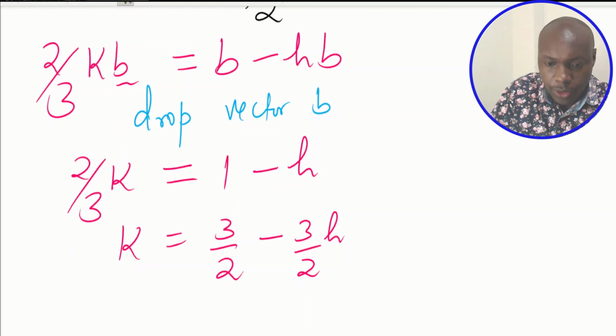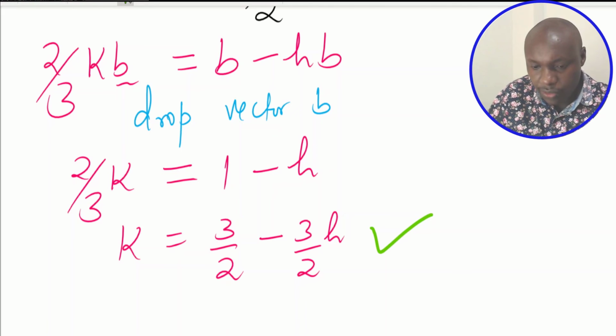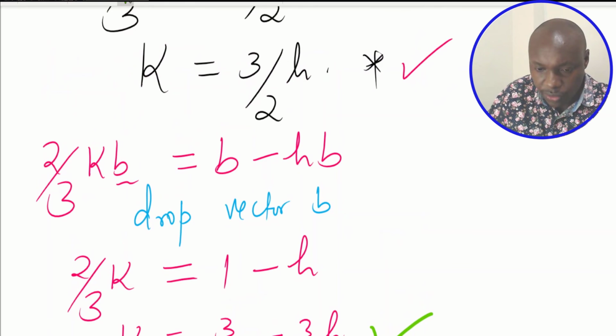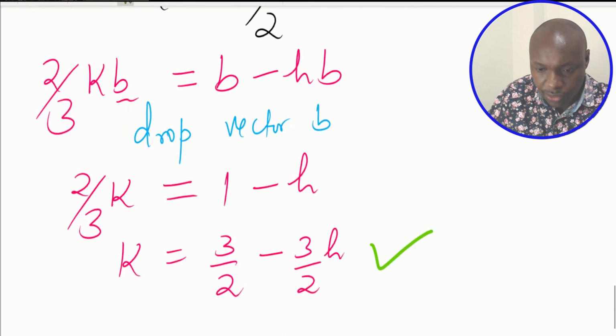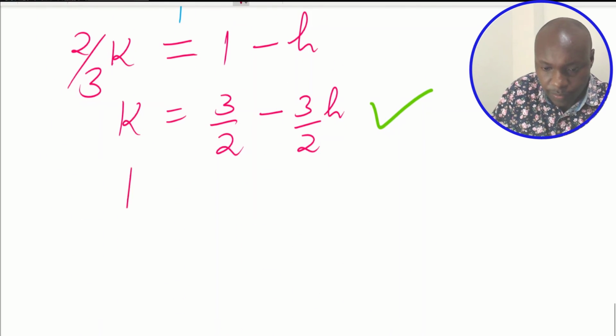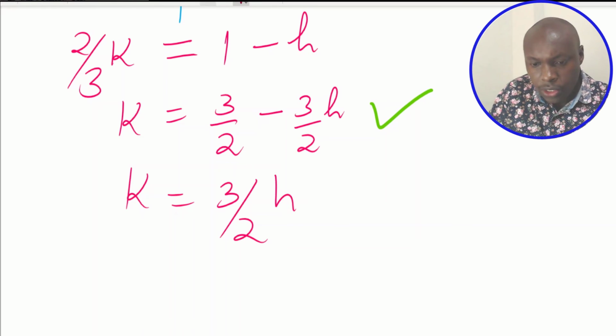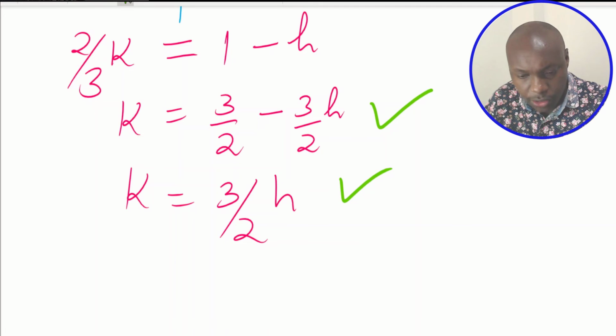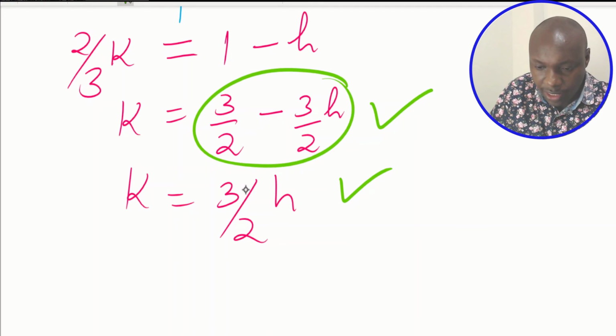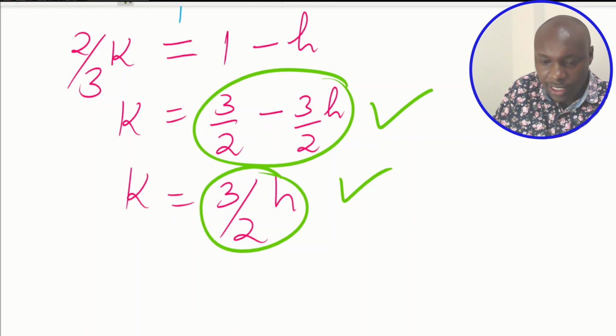Now you have this value of K, and you have the other value of K. The first value of K is equal to 3/2 H. So using these two, we can get the value of H. This is K and this is K, so I can equate them.